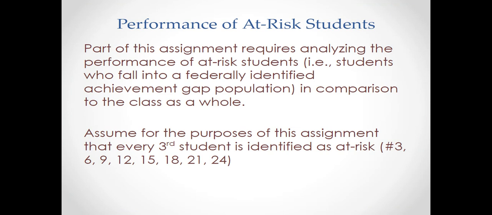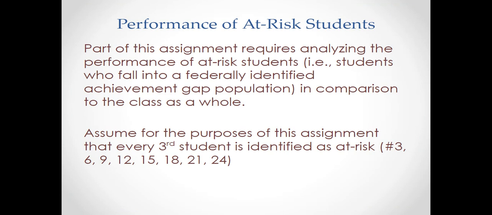At risk means that they fall into one of the federally identified achievement gap populations. For example, some students in this class are special education. Some are free and reduced lunch. Some are Hispanic. Those are some examples of federally identified students who fall into an identified achievement gap population.